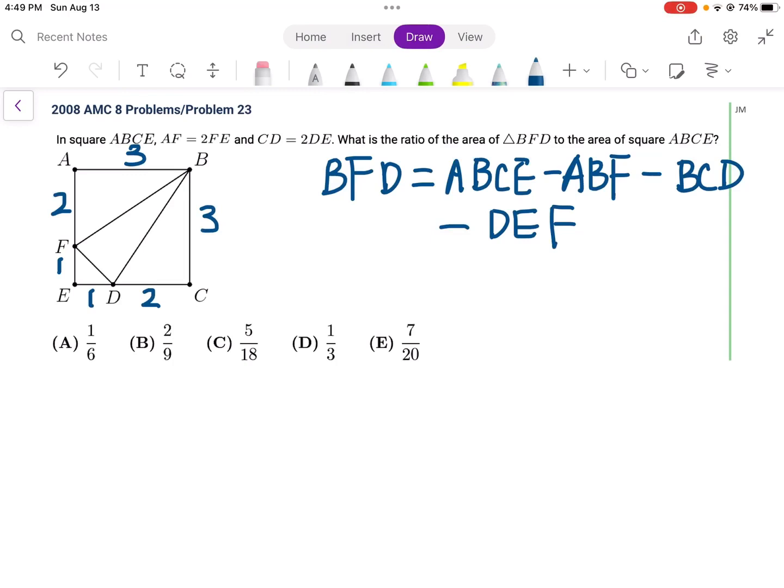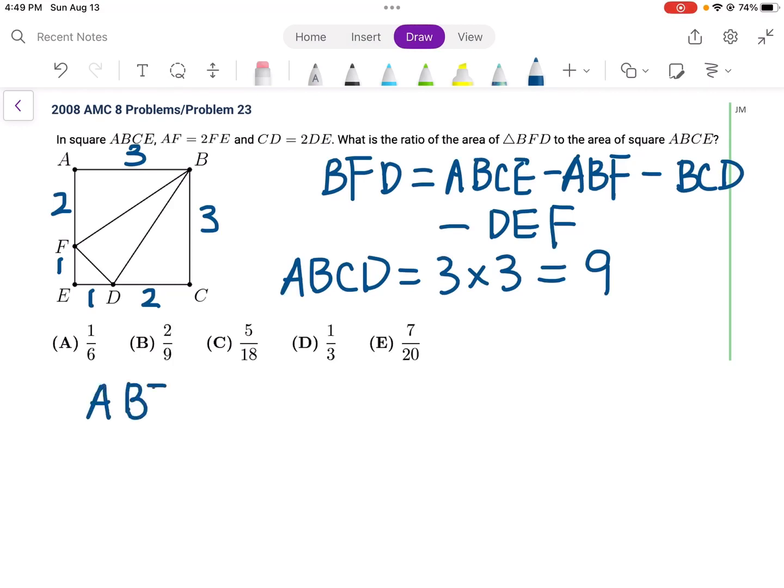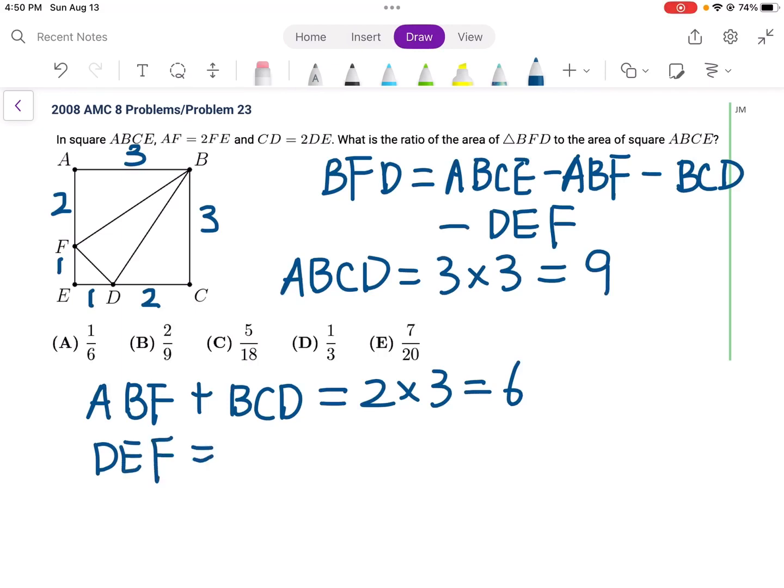Therefore, we can calculate that ABCE equals 3 multiplied by 3 equals 9. Triangle ABF plus triangle BCD are identical, so the sum of their areas equals 2 multiplied by 3 equals 6. Then DEF equals 1/2 multiplied by 1 multiplied by 1 equals 1/2.